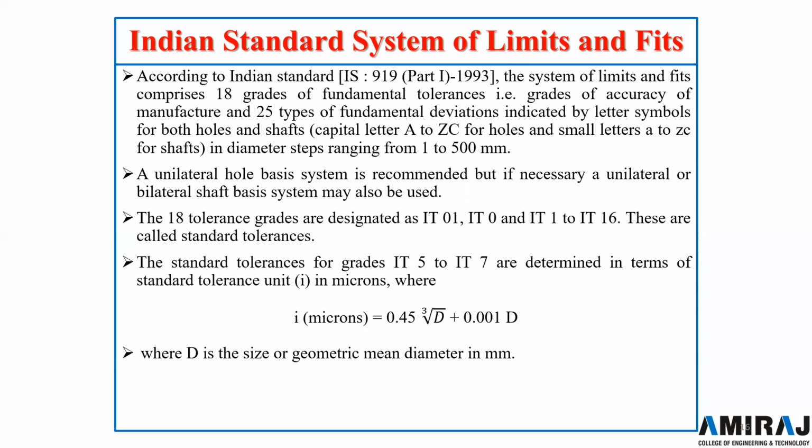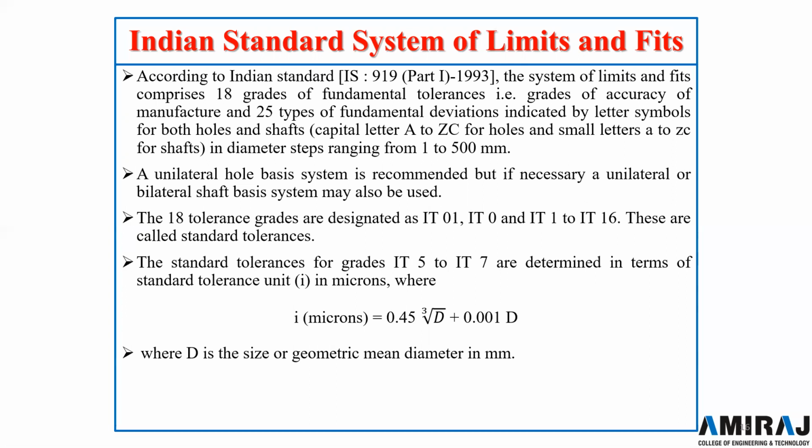Now let us discuss the 18 grades of fundamental tolerances, and the fundamental deviations indicated by letters A to ZC for holes, and for shafts we use small letters a to zc, and the diameter steps in the range of 1 to 500 mm.